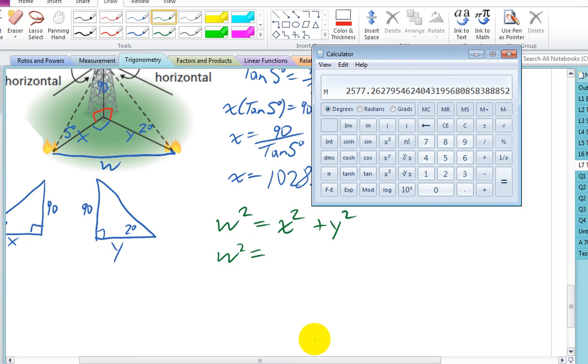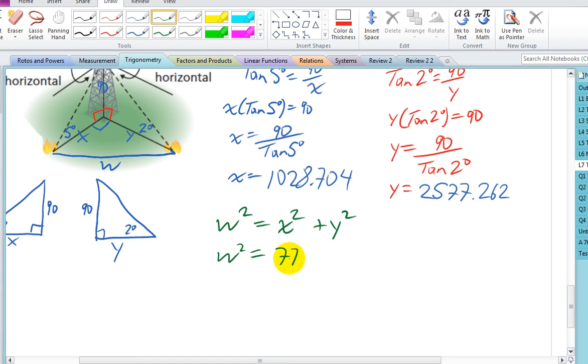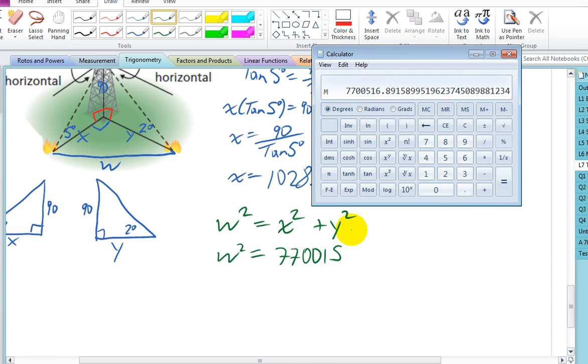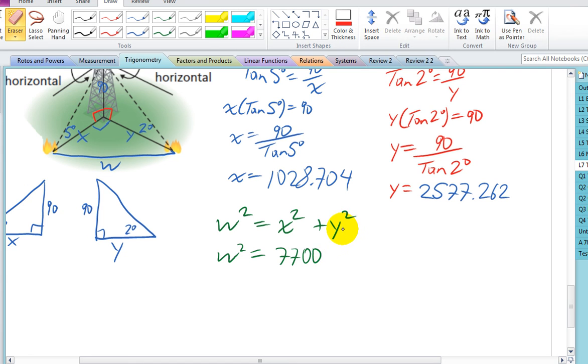So for me, I'll just square this, and then I'll recall my memory, square it, that's x squared, press equals. So w squared should be 7,700,516.